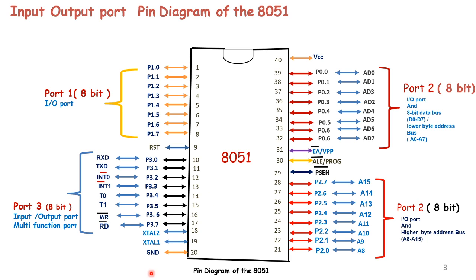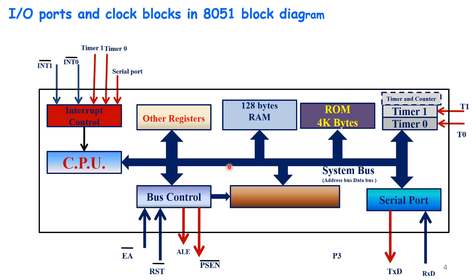Pins number 18 and 19 work as crystal pins, deciding the speed of the microcontroller when we connect an external crystal here, that is XTAL1 and XTAL2. Externally we connect a crystal whose frequency decides the speed of the 8051 microcontroller. So this is the pin diagram of 8051 showing input output ports and clock circuitry.